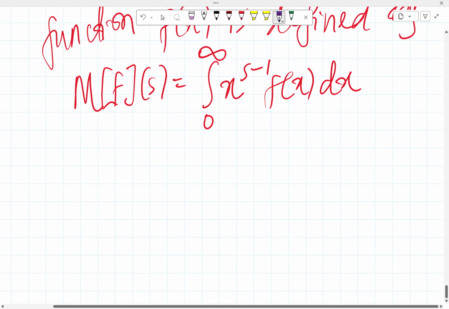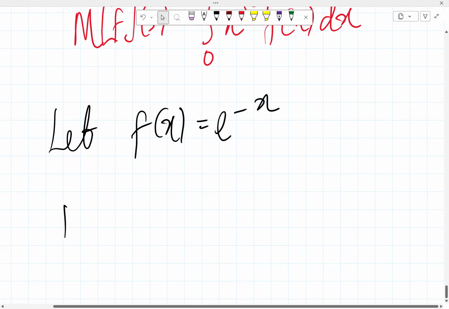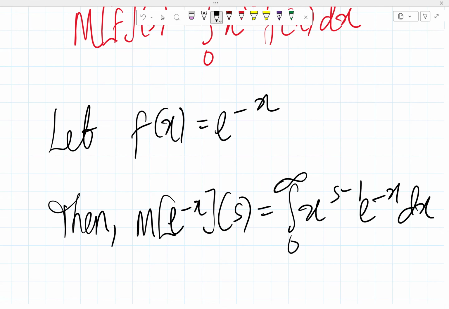Then we can let f of x be equal to e raised to the power minus x. So if f of x is e raised to the power minus x, then the Mellin transform of e raised to the power minus x at s is the integral from 0 to infinity of x raised to the power s minus 1 e raised to the power minus x dx.